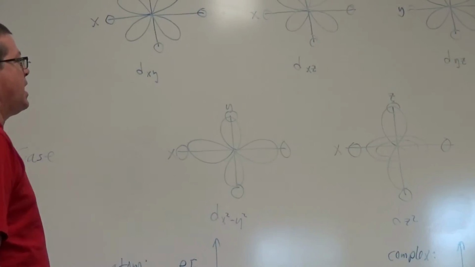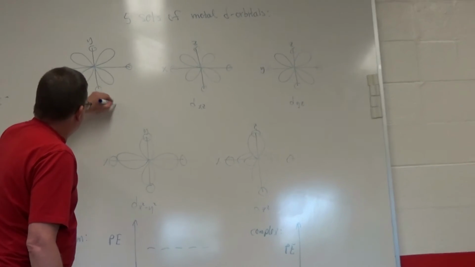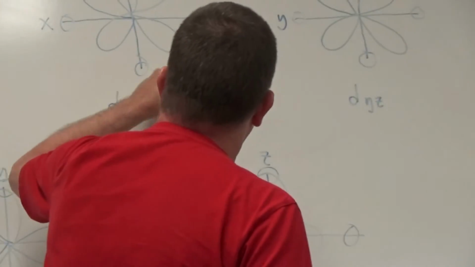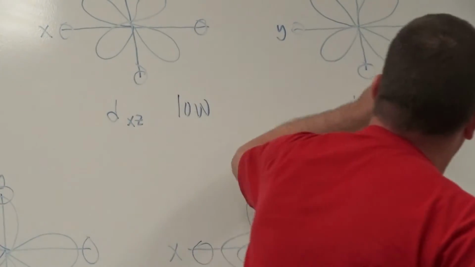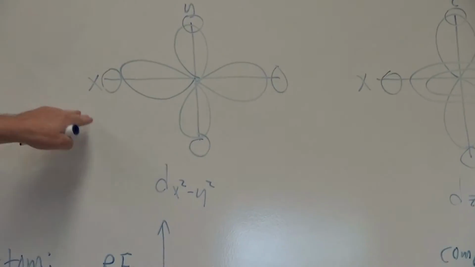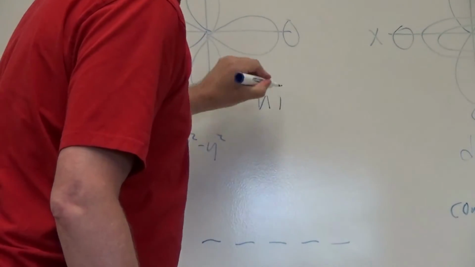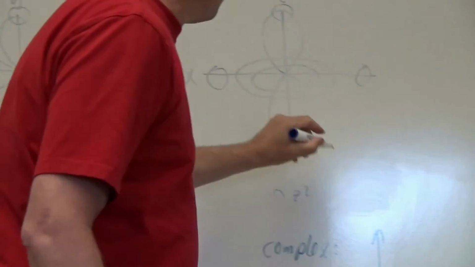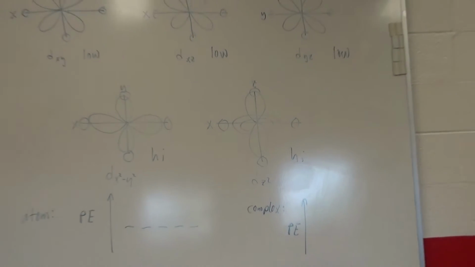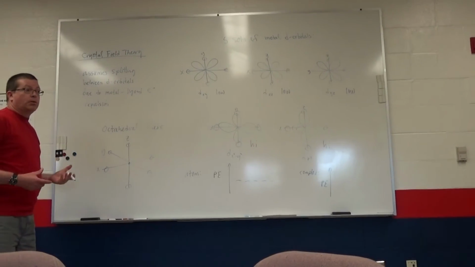So ultimately what we have is a low energy situation here, here, and here due to minimal repulsion, and down here I have a high energy situation and another high energy situation here. Ultimately, this means we are going to get some orbital splitting.